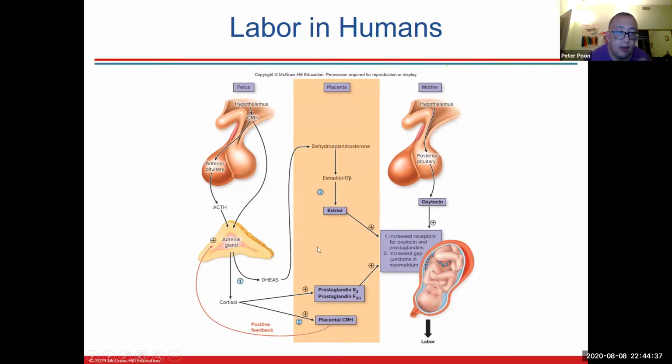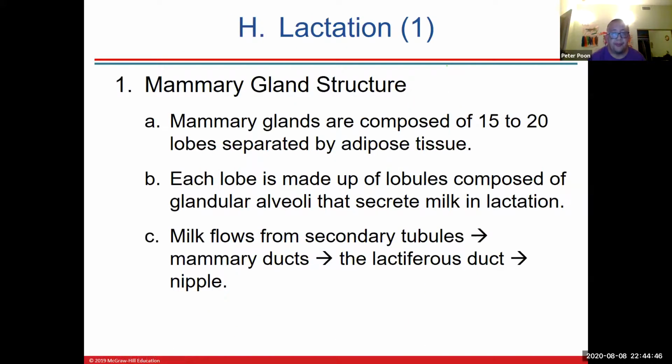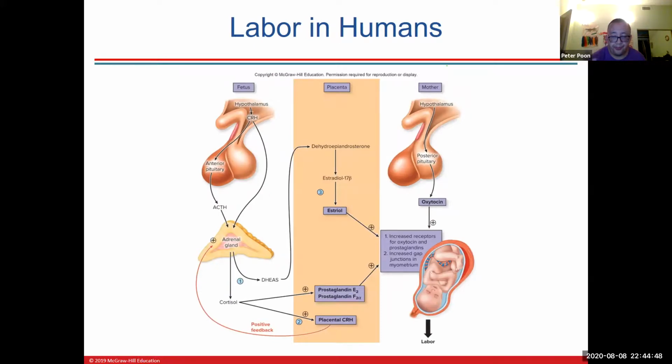So this cortisol level produces placental CRH and stuff like that. So the baby's head pushes against the cervix, which causes more oxytocin release, which causes more pushing until the baby is expelled.